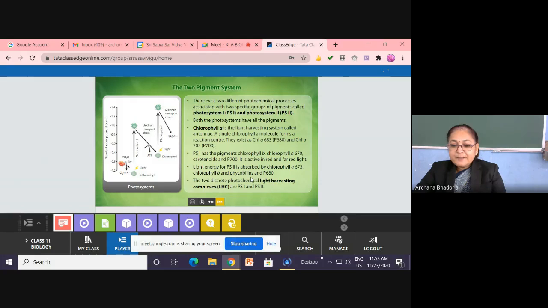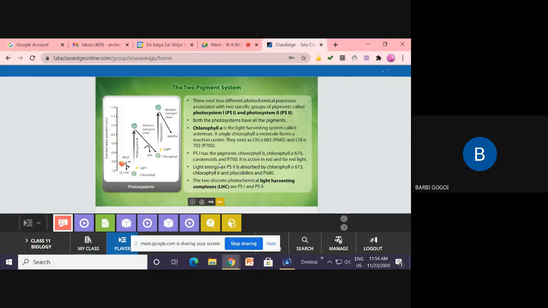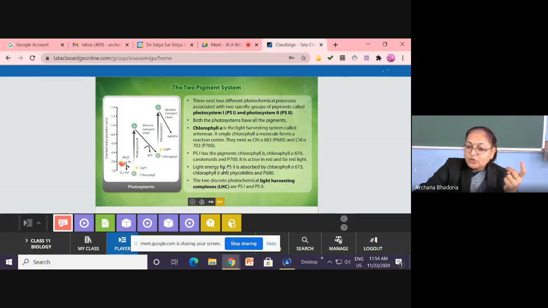The accessory pigments in photosystem 1 will be carotenoids. What are the two carotenoids? Carotene and xanthophyll. Very good.